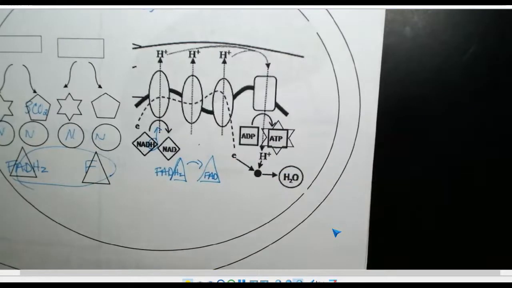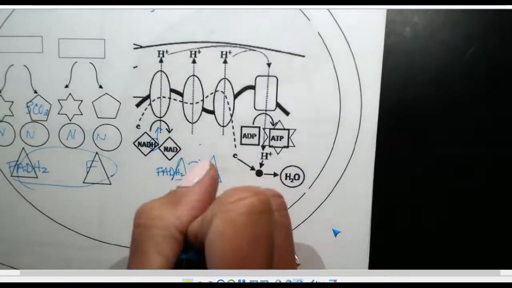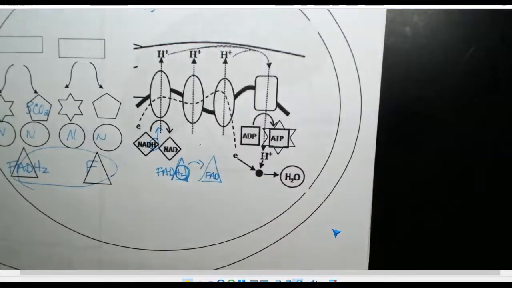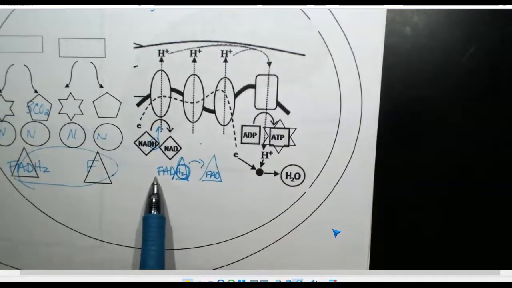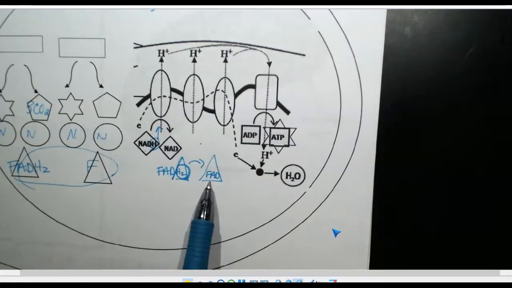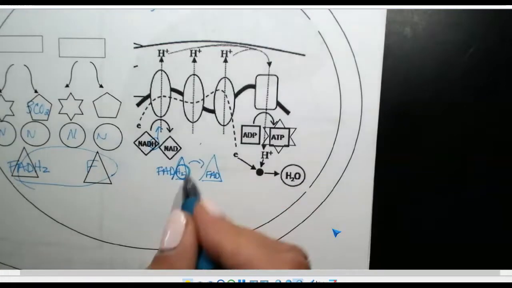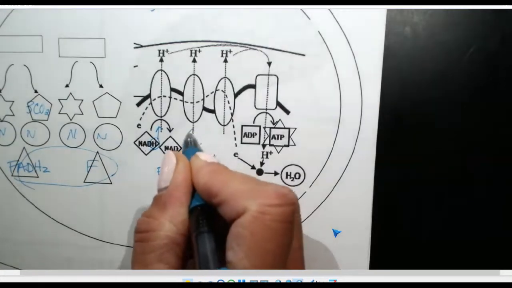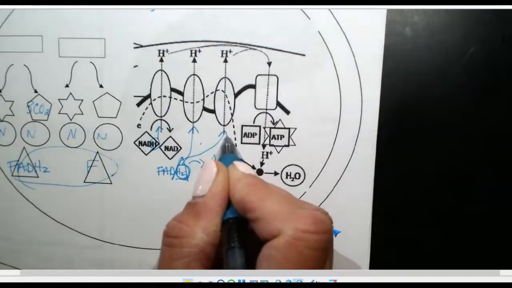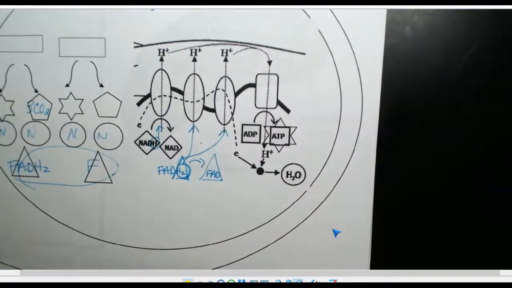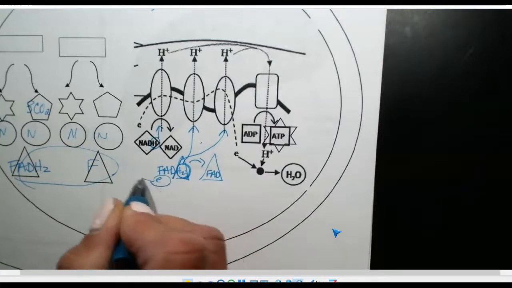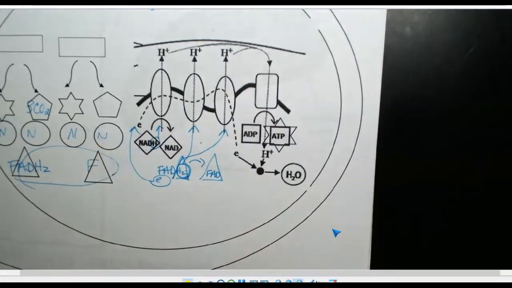So he as well gives up his electrons and his hydrogen. So the FADH2 turns into FAD. So that hydrogen, see how there's 2 of them? One hydrogen goes here, one hydrogen goes here, and any electrons they have are going to go over here. So they literally are just there to drop off hydrogen and electrons, okay?